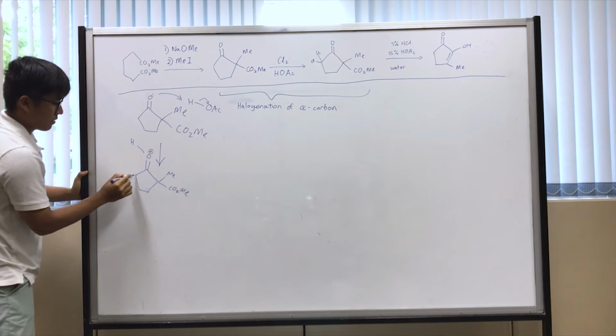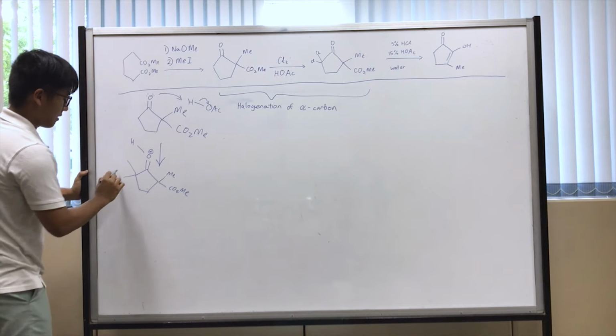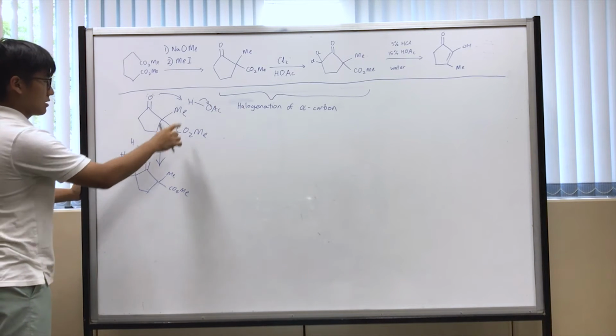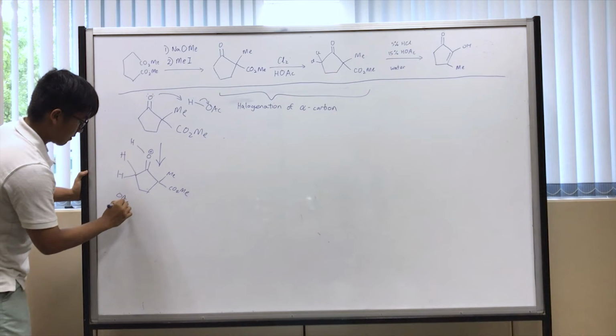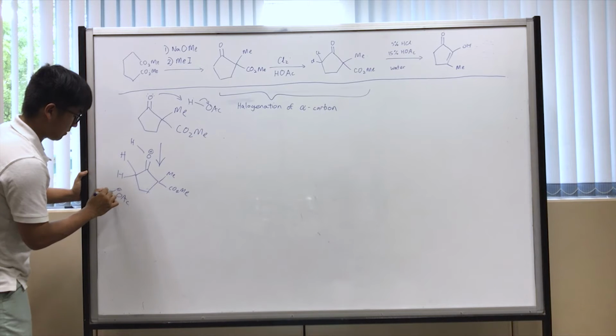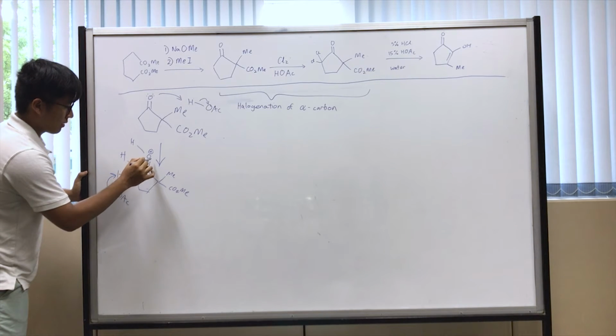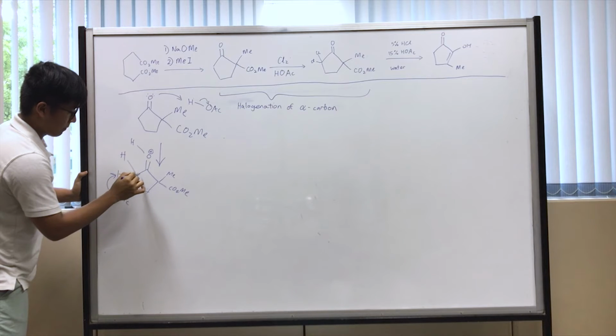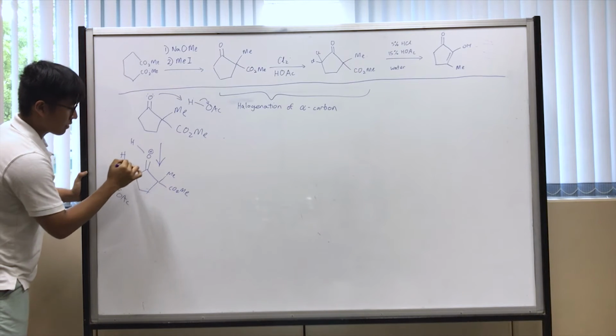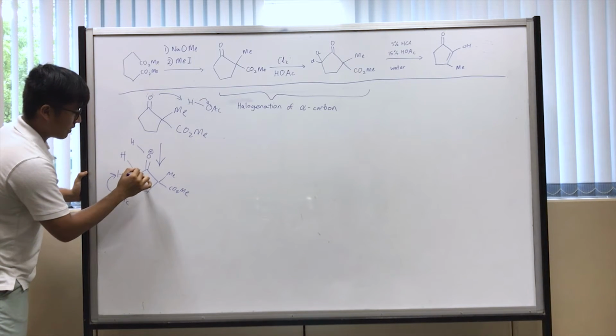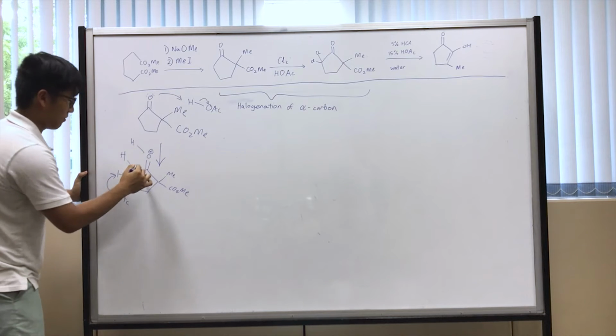What will happen now is that any base in the solution, such as OAc minus, will be able to deprotonate this alpha carbon, and the enol will form.